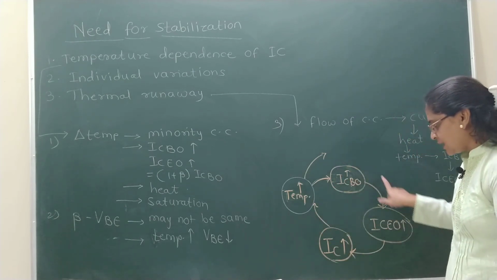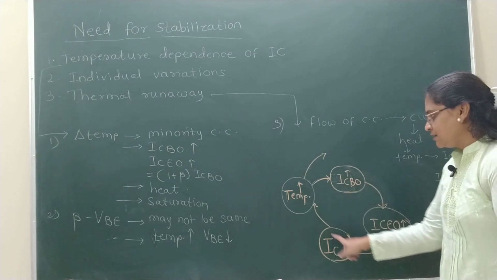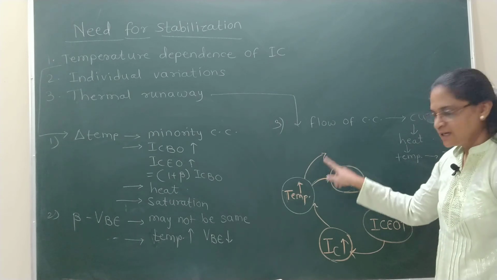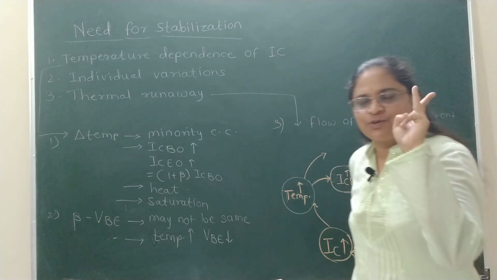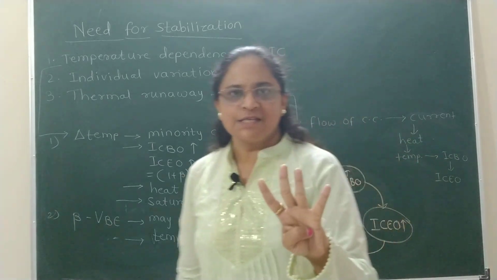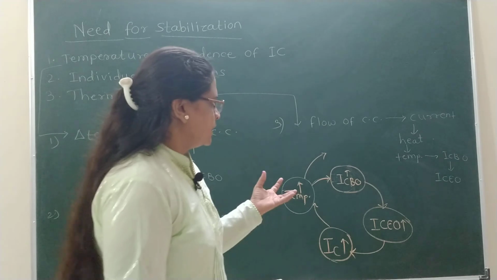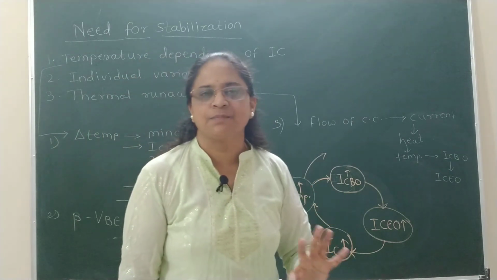If this cycle is repeated, the temperature will go on increasing: increase in temperature, increase in ICBO, increase in ICEO, increase in IC, again increase in temperature. This will generate heat that will burn the transistor permanently.